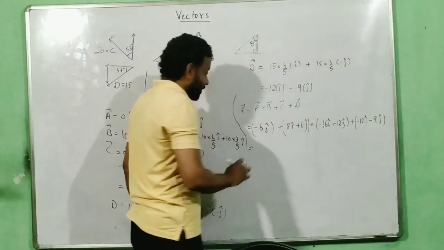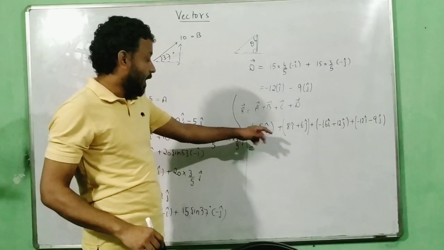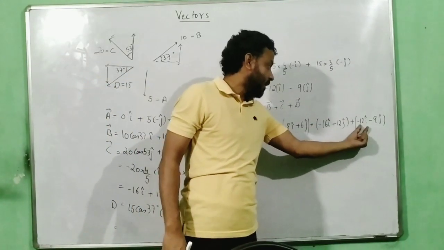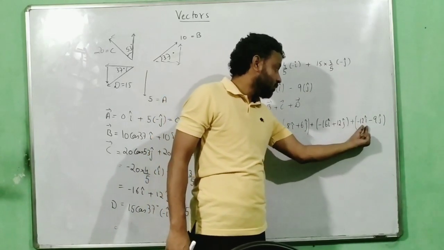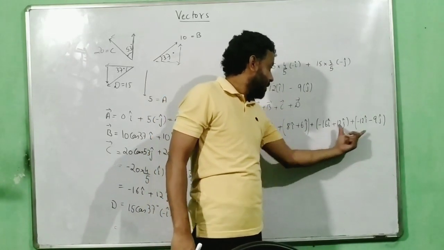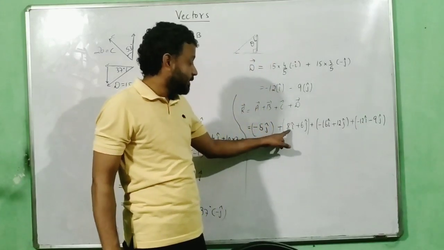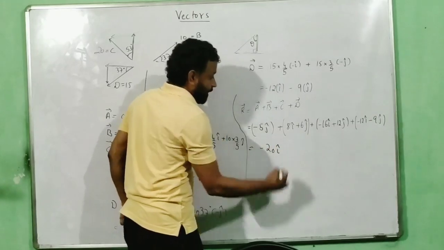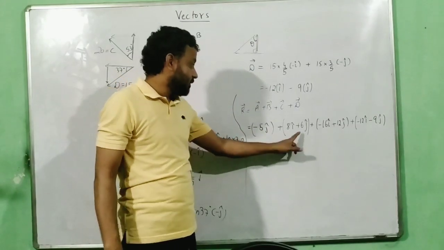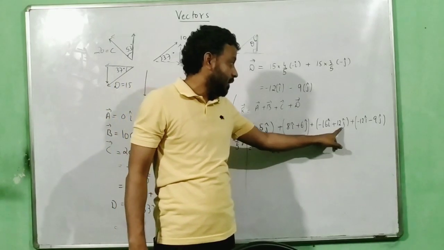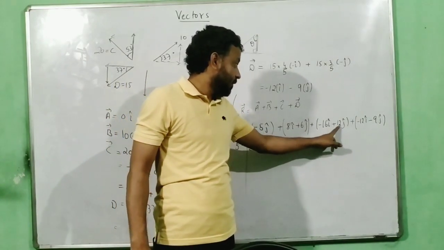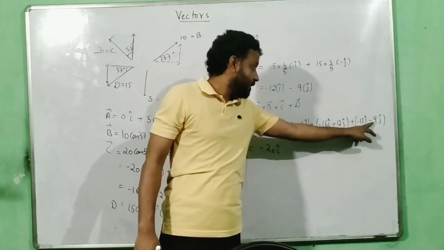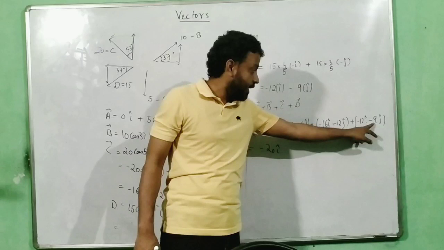Now let's see the I component first. This is 8i, this is minus 16i, this is minus 12i. So minus 16 minus 12 will become minus 28. Minus 28 plus 8 becomes minus 20, so you will write here minus 20 I cap. Now deal with the j cap. So this is 6j plus 12j, 6 plus 12 is 18, and then you have minus 9 here. 18 minus 9 is 9.